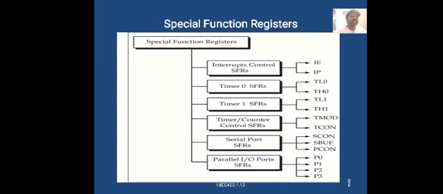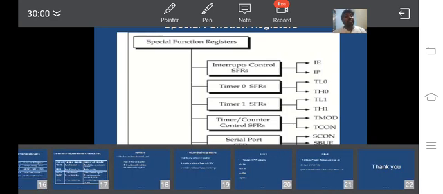The timer 0 special function registers are TL0 and TH0. The timer 1 special function registers are TL1 and TH1. The timer control registers are TMOD and TCON. The serial port special function registers are SCON, SBUF, PCON. The parallel input output port special function registers are P0, P1, P2, P3. These are the special function registers.